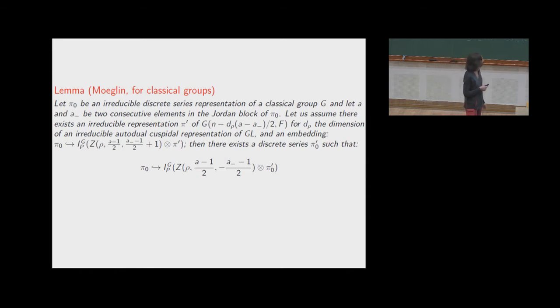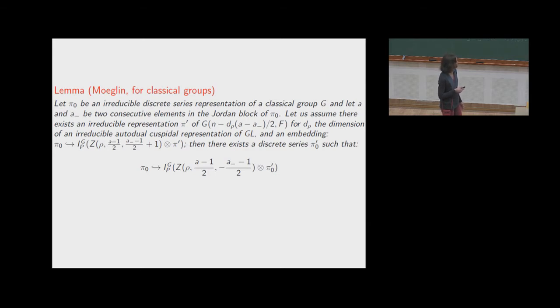If you know that this discrete series embeds in such an induced representation, where this is the square integrable representation of the linear group with these segments starting there and ending there. Suppose you have such an embedding. You know there exists a discrete series pi0 prime, which appears here, so that you can actually embed in this induced representation.